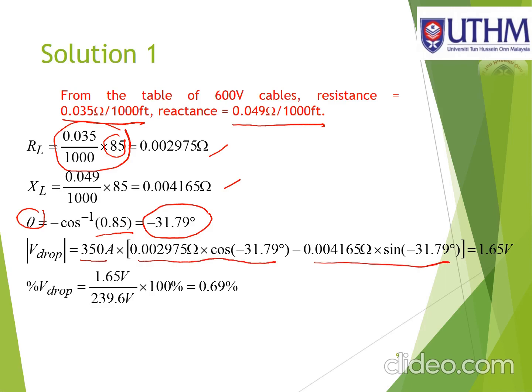So we get the value of voltage drop here, 1.65 volt. And then lastly we have to calculate the percentage of voltage drop, which is equal to V drop divided by V system. We get 0.96%.